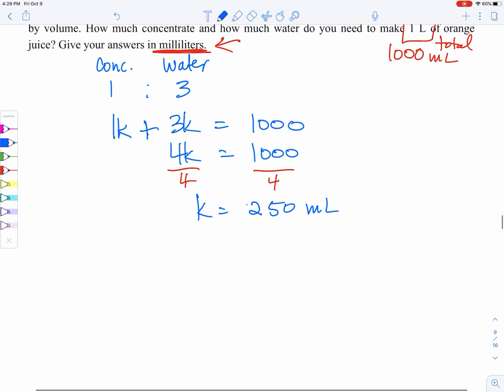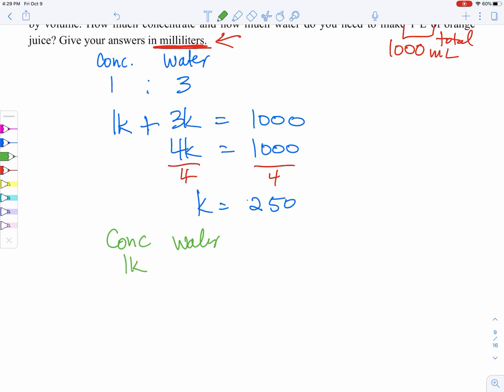Then, because my concentrate was 1K and my water was 3K, that's going to be 250 milliliters of concentrate, and then 3 times 250, which is 750 milliliters of water.